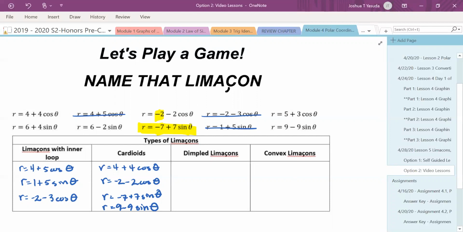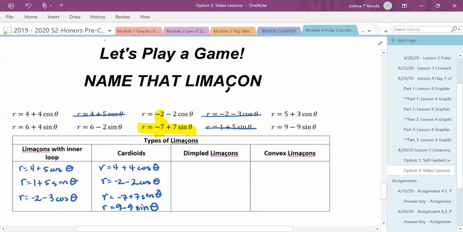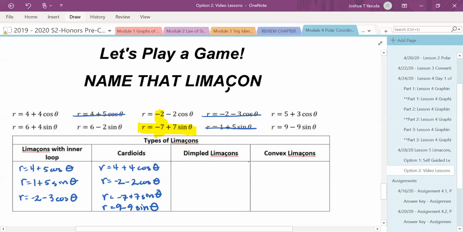And then, oh, just kidding. It's not going to do anything. It's going to keep it the same. The negative does nothing on the a value. What a fool. All right, it's late. It's almost 1 o'clock. Oh, it's 1:10. Good grief. And then you got r equals 9 minus 9 sine of theta.